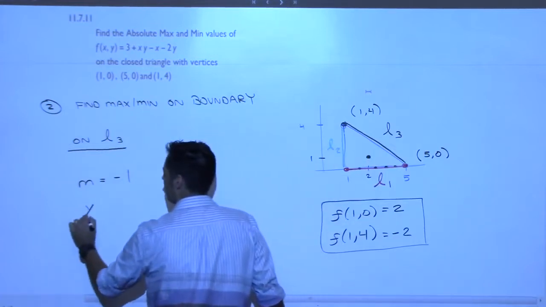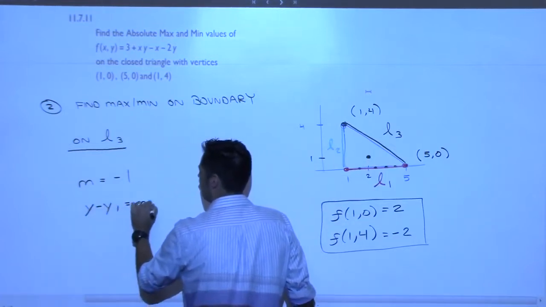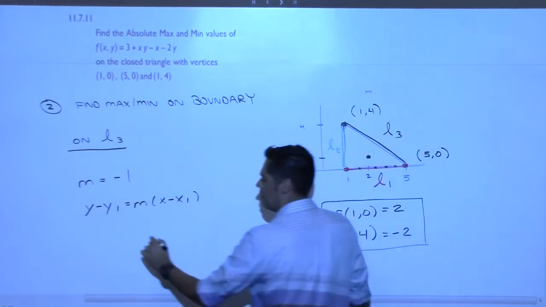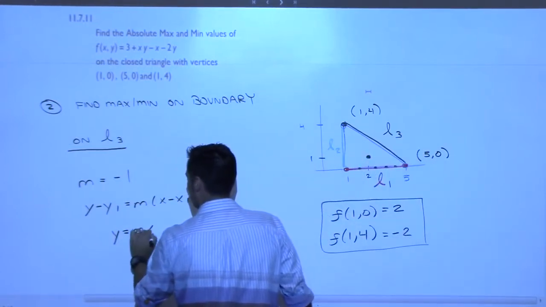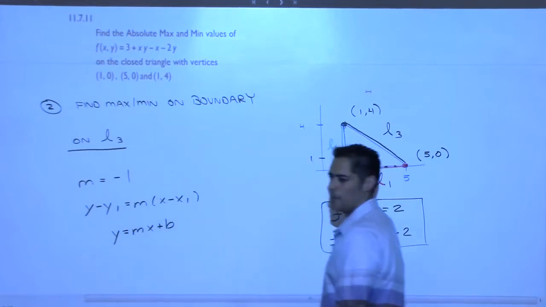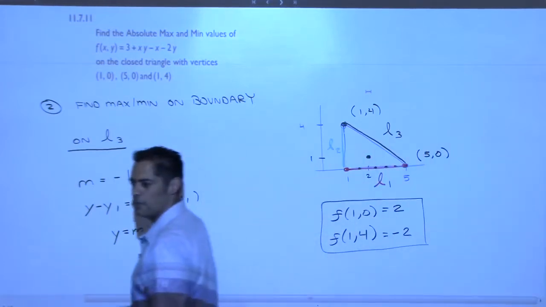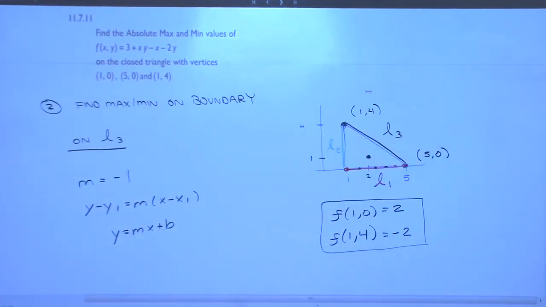But we need the equation of the line, so how would you get the equation? You could use this formula, remember this one? Or there's another one, y equals mx plus b. But if you do that one, you have to know the y-intercept, which you don't. Well, you kind of do, but you could cheat by just knowing you go over 1, up 1, but that's fine. I'm just trying to give you a general idea.